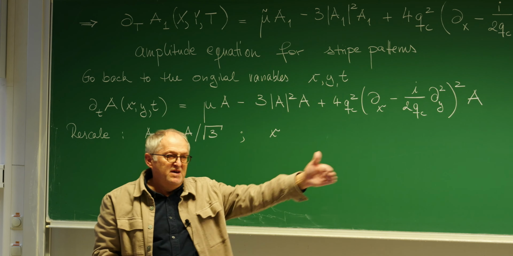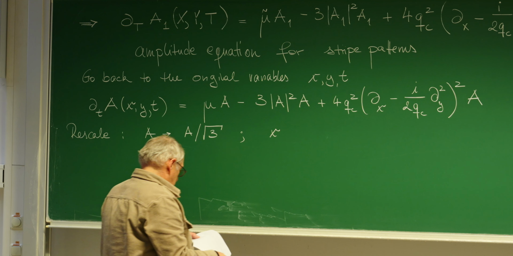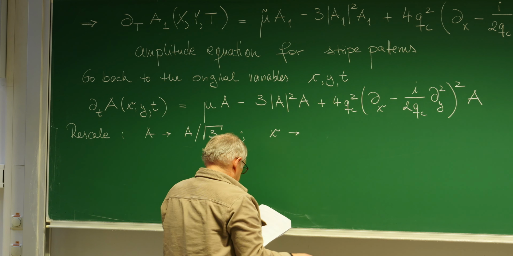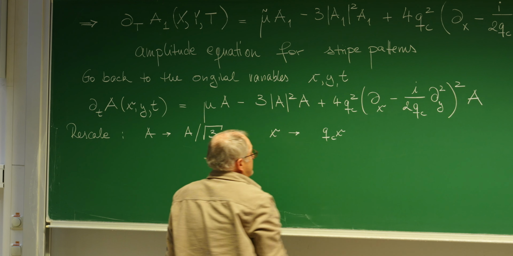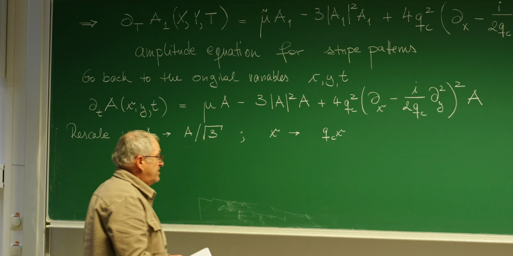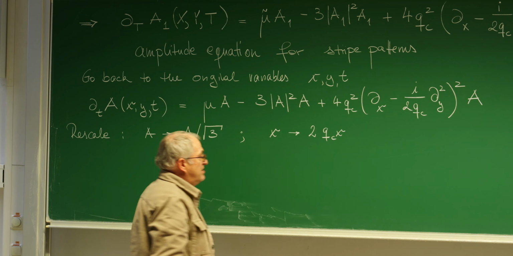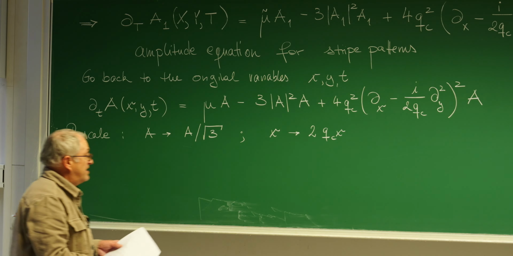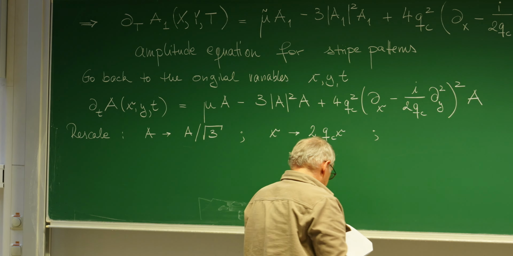We put in a periodic wave with wave vector qc. So it's natural to rescale x such that this is qc x, and then my new variable is dimensionless. And let me also add a factor of 2, because that's another convention we want, such that this becomes of the form which is in the literature.